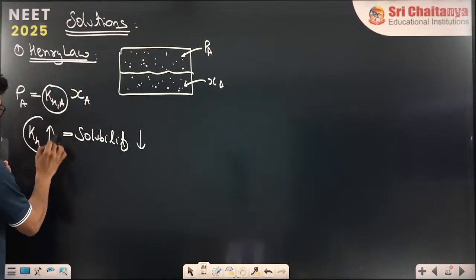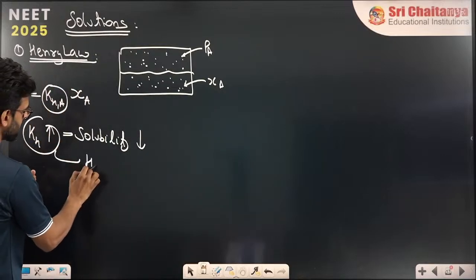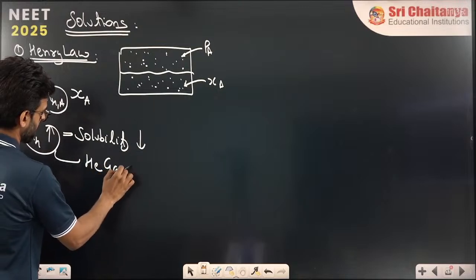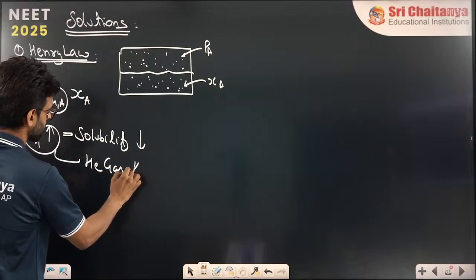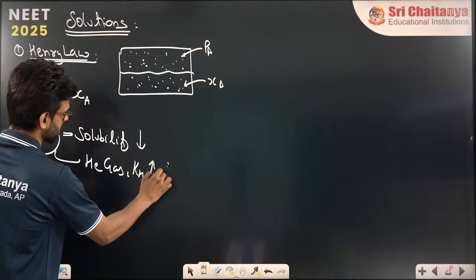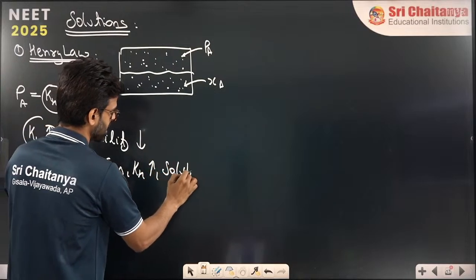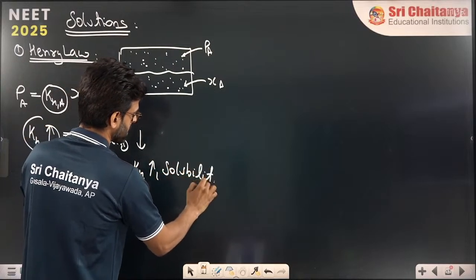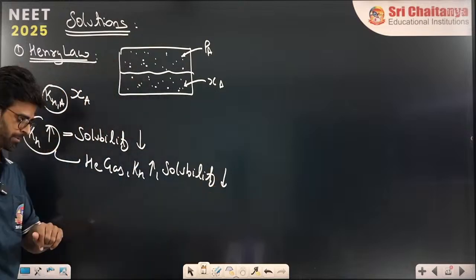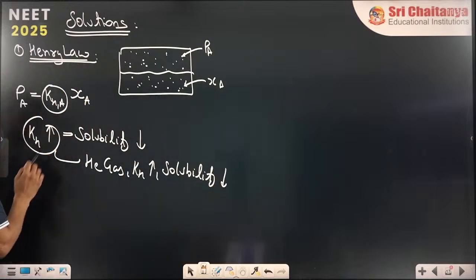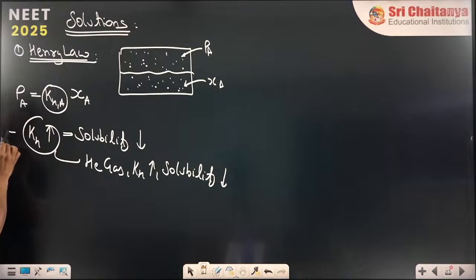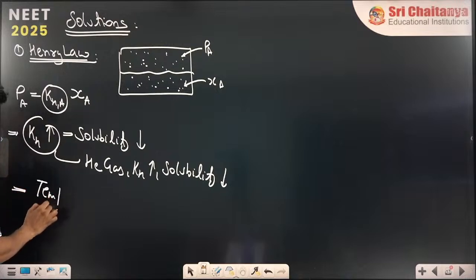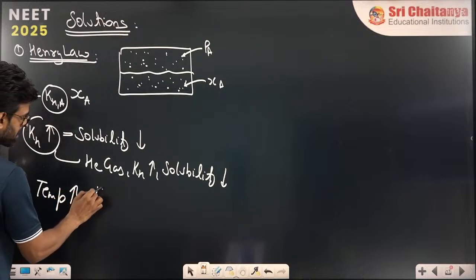Out of the given gases, for helium gas the KH value is very high. That's why solubility is very less, or I can say minimum here, right? Clear?